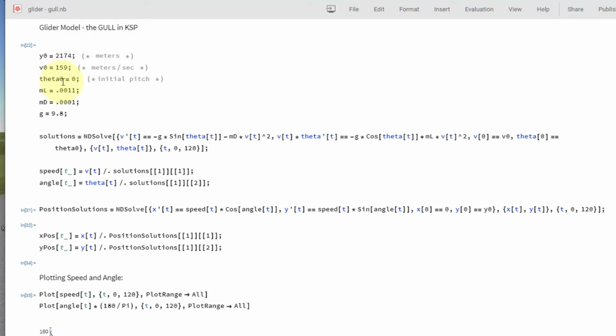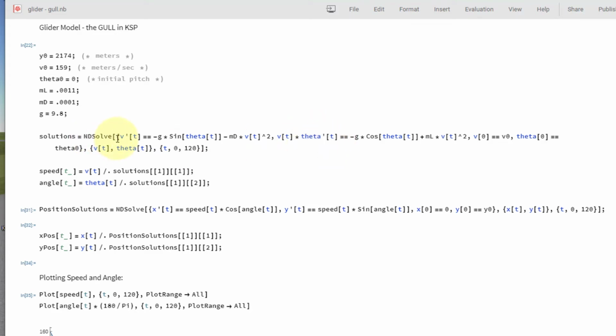The initial angle, 0. My mu lift is 0.011 and mu drag 0.0001. And the gravitational acceleration I'll take to be 9.8. So here's where I ask the computer to solve that system of differential equations. I'm using V for the velocity that I'm solving for, and theta, the variable theta for that angle.